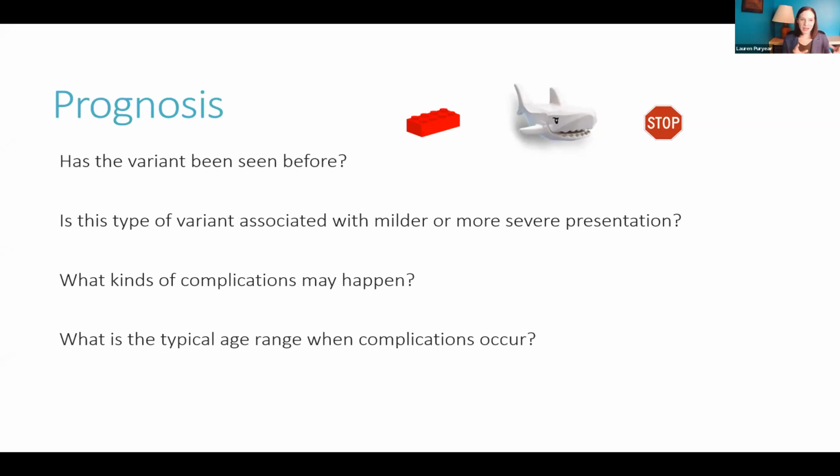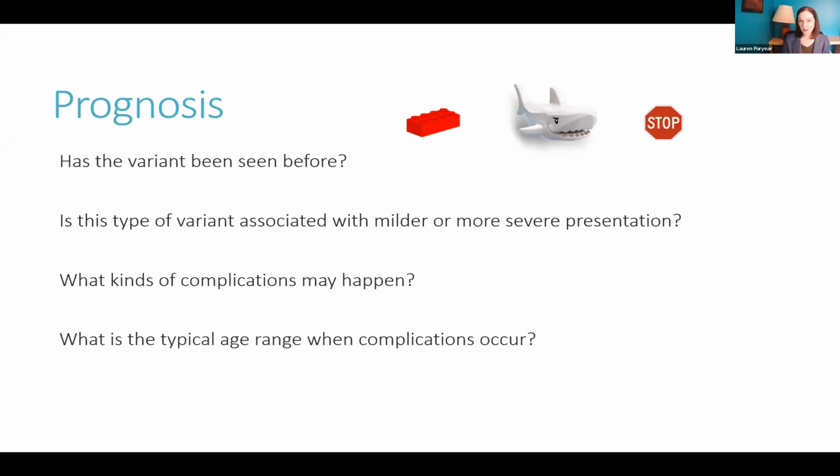If this type of variant is associated with typically milder or more severe disease for a particular condition, that can be useful information. So for example, in some conditions, a null variant leads to a milder presentation, as in vascular EDS. In other conditions, such as Marfan syndrome, a null variant does not lead to a milder presentation.